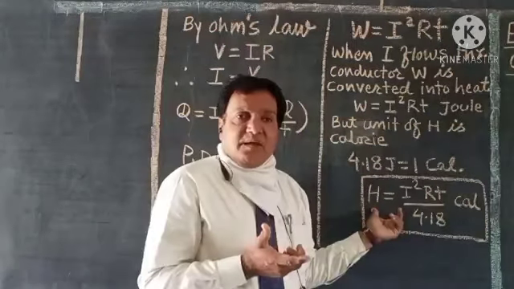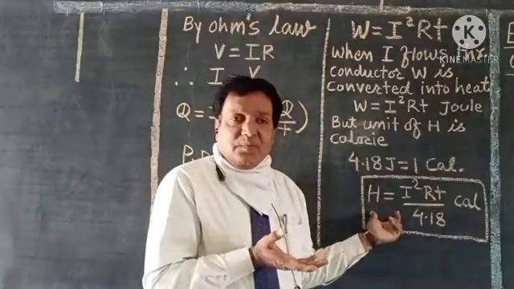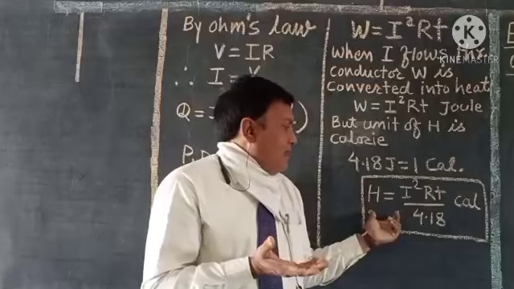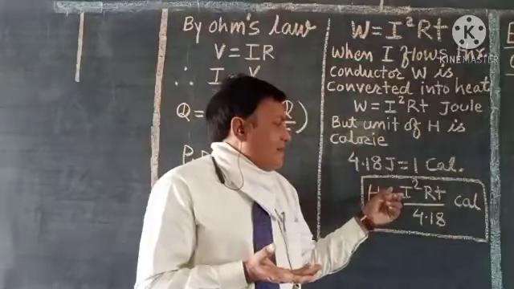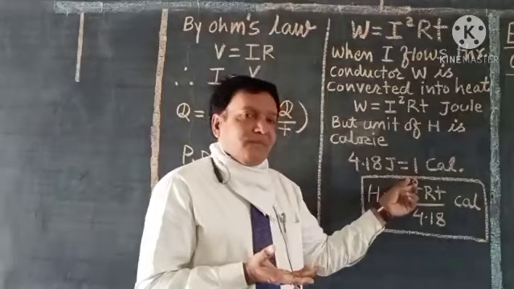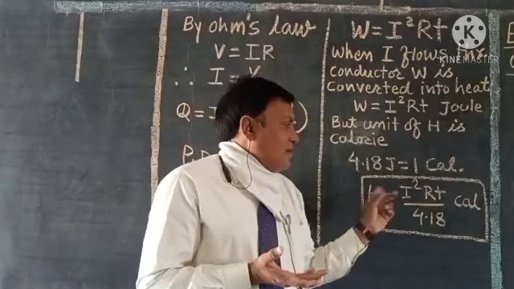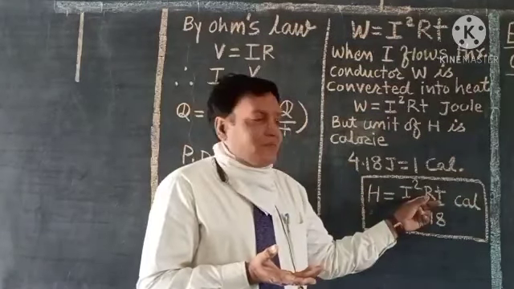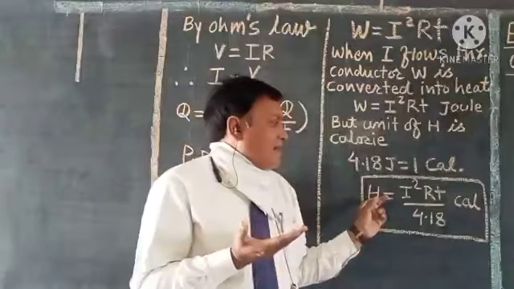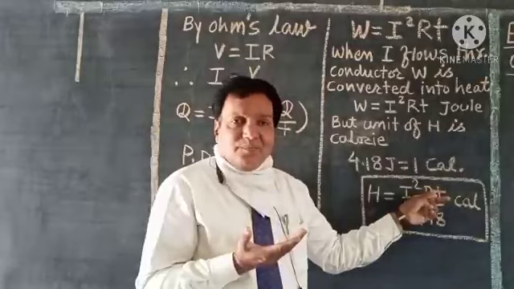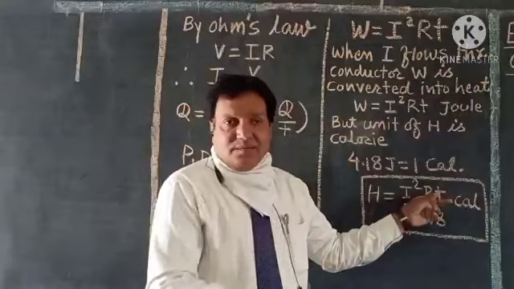Now, from this expression of Joule's law of heating, we can make the statement: the heat generated in a conductor H is directly proportional to the square of current. The heat generated in a conductor is directly proportional to the resistance of the conductor. Again, the heat generated in a conductor is directly proportional to the time for which the current is flowing through that conductor.